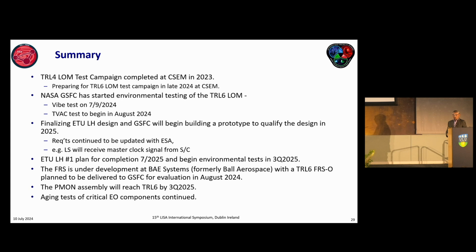One of the objectives of the TRL-6 LOM or the ETU is that once we build it, we want to do a live test on it as far as the laser can go, and learn from it. We identified, for example, the phase modulator. We thought that's not a problem, but it turned out to be one. So we continue to learn, and so far I think we have identified most of the critical components, and we try to learn from it and test as much as we can.